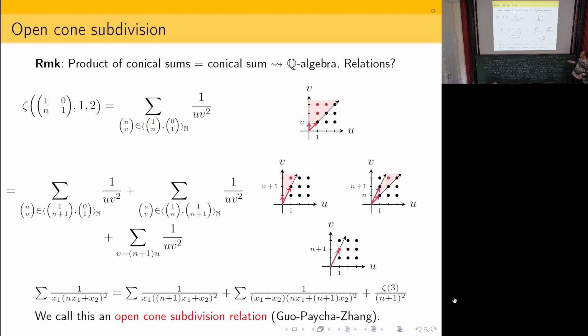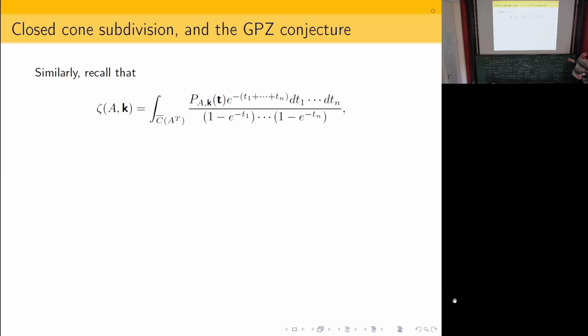And they were first introduced by Guo, Paycha, and Zhang, who studied relations between conical sums, or conical zeta values. Then there is another family of relations which come from closed cone subdivision. So closed cones appear as integration domains in the integral representation. So you now want to play the same game for the integral, but then you decompose closed cones.